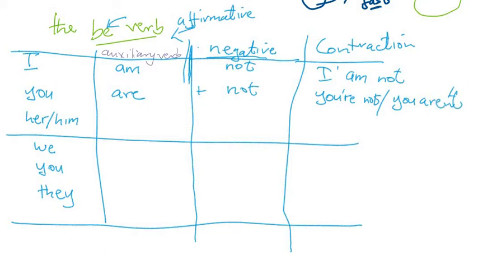Her, him. This is the third person, where the pronoun in the sentence is the subject. So it could be she, he, when the pronoun is the doer of the action. So here the auxiliary verb is is, and you need to know also we use it.